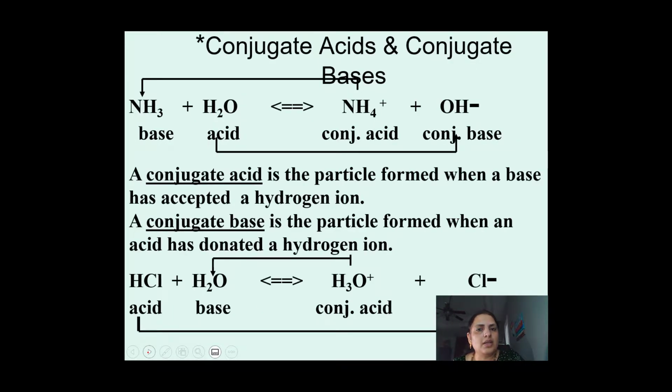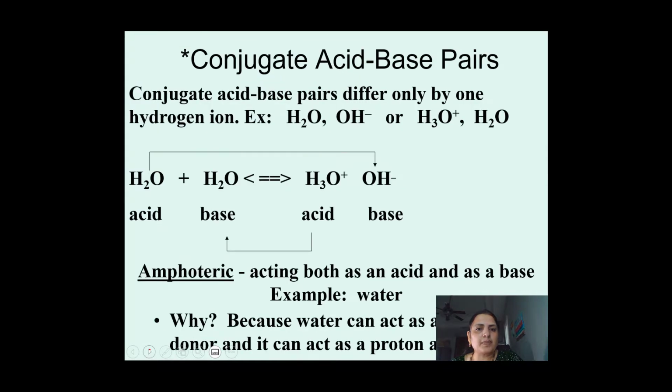Okay, so here is the example which I just showed. So a conjugate acid is a particle formed when a base has accepted a hydrogen ion. So NH3 accepts an H plus to become a conjugate acid, whereas H2O donates an H plus and becomes a conjugate base. Conjugate acid-base pairs.